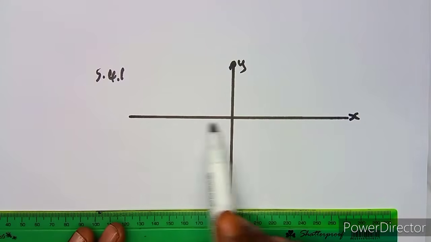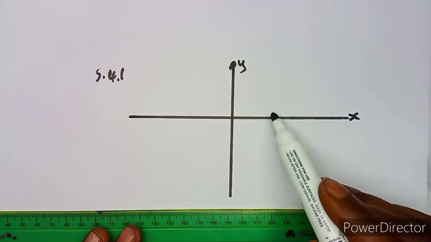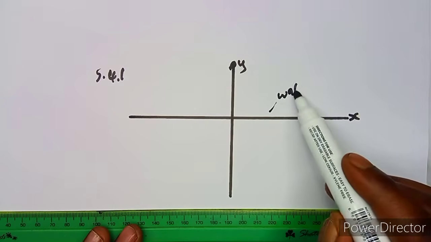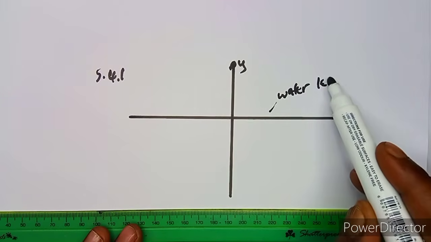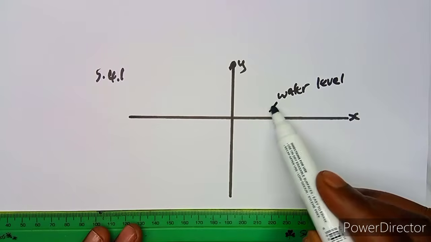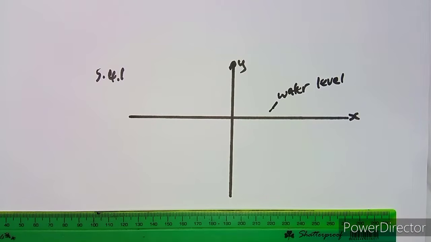This is your x-axis, which is representing the water level. In this case I use it as the water level, which means I'm going to have my diagram below. It depends on you, maybe you want to draw it above, but for me, I prefer using it below, and it works easier for me like that.